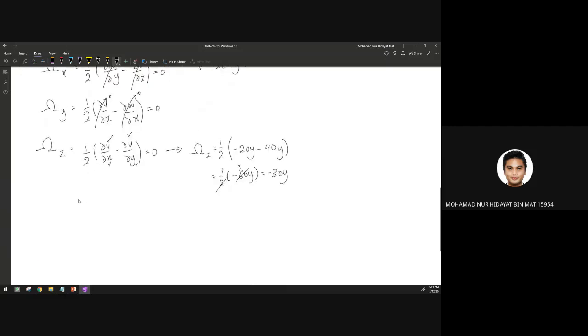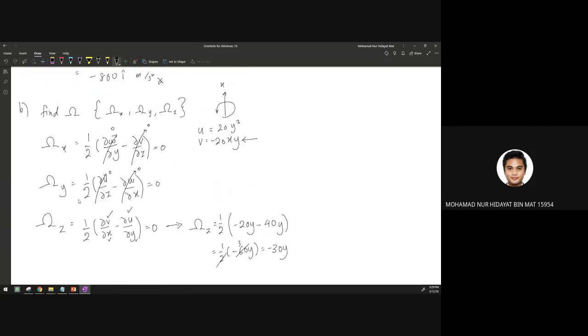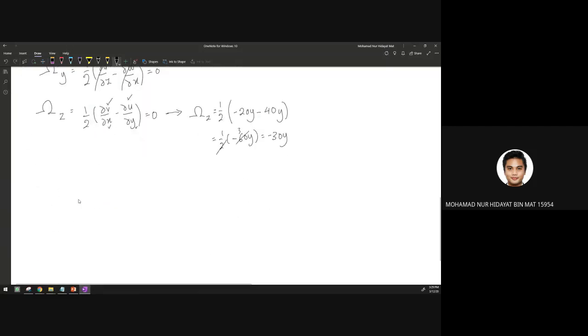Remember, this is basically step number 1, right? Step number 2 is we need to substitute the point. Remember the last point, 1, negative 1, and 2. This is x, this is y, and z. So, angular velocity in z component is negative 30, y refer to negative 1.